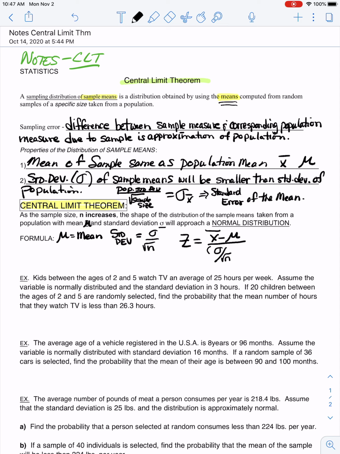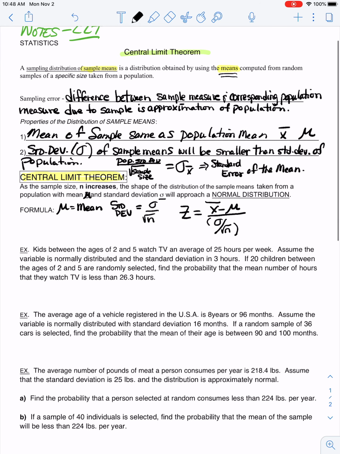And if you're putting all that stuff in at once, put some parentheses around that denominator. Okay, so the more sample means you have, the more likely it should approximate the normal distribution.